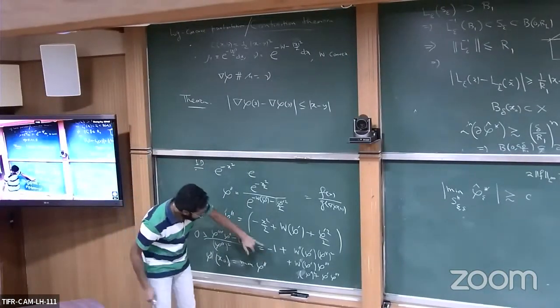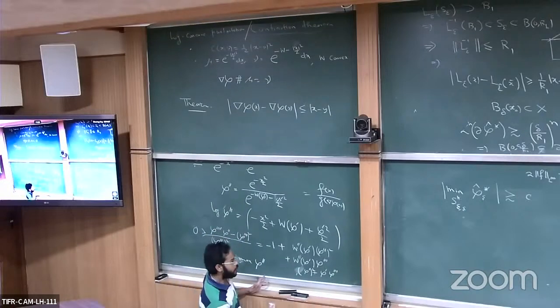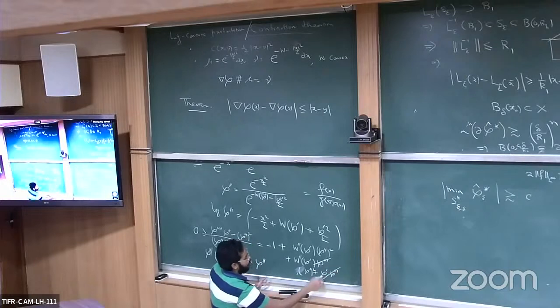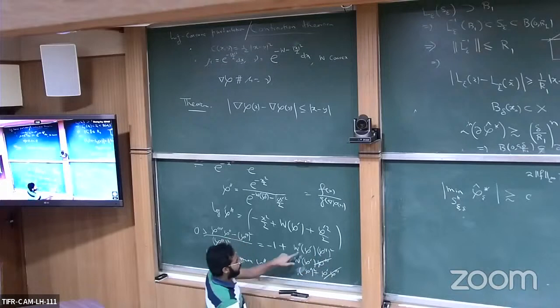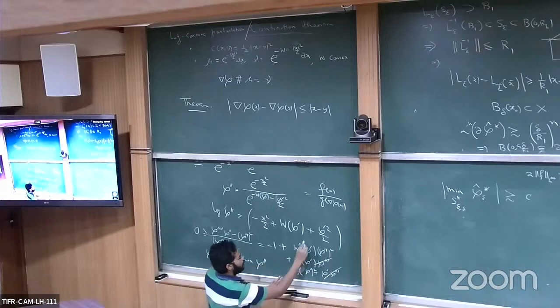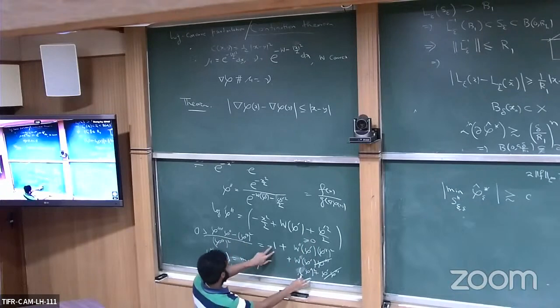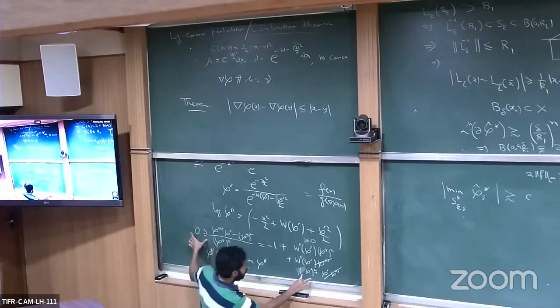Now here, at the maximum point, P double prime vanishes, P triple prime vanishes. W is convex, so W double prime is always bigger or equal to 0, and this is positive, right? So the left hand side is less or equal to 0.